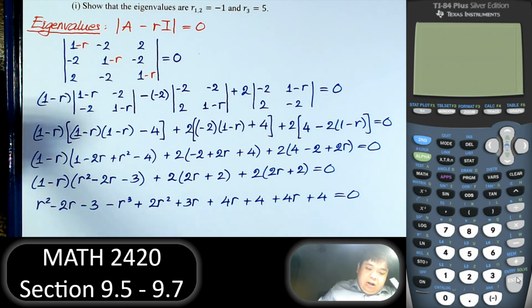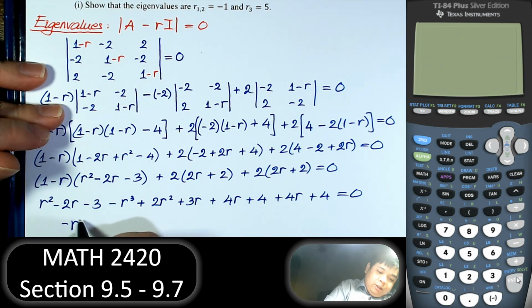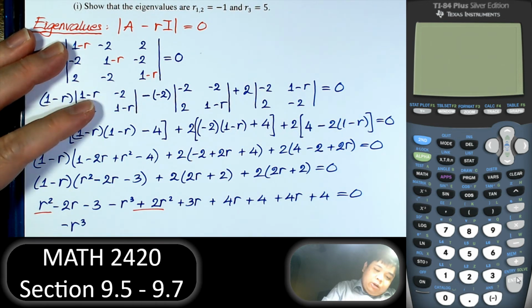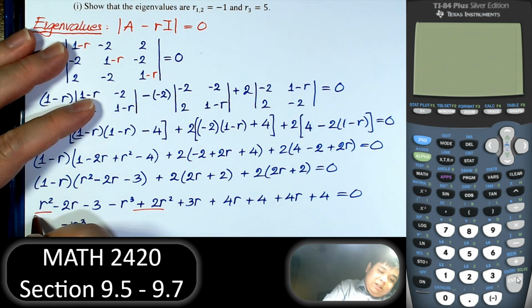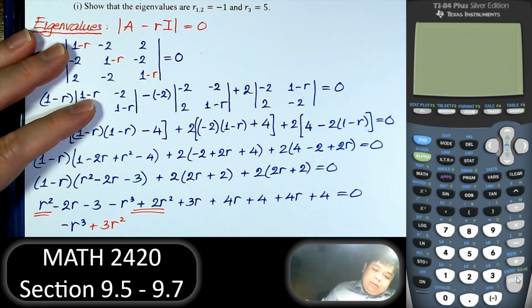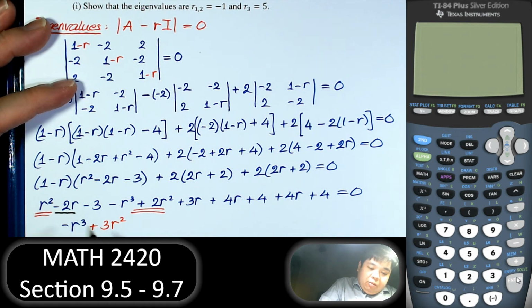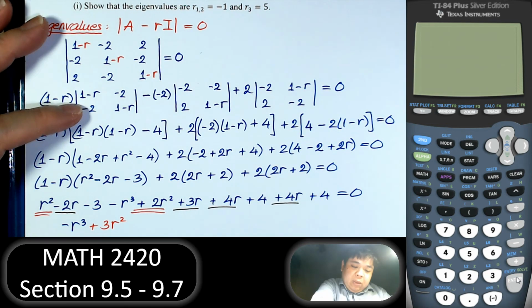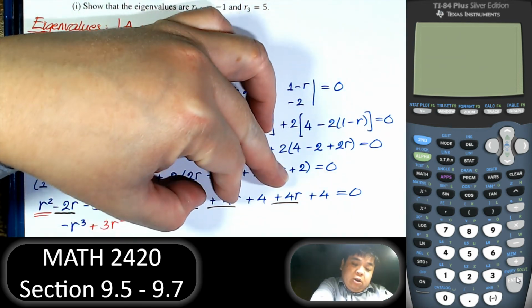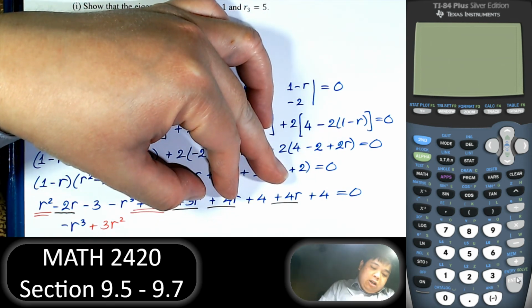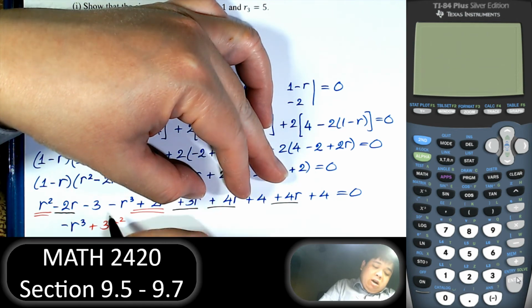Combine like terms. There's only one R cubed. R squared: 1, 2, 3 R squared. How many R do we have? 1, 2, 3, and 4. So 3 and 4 and 4, that is 11, minus 2. 11 minus 2.